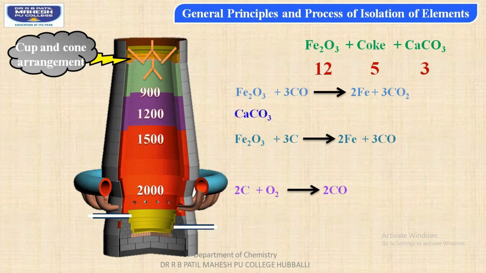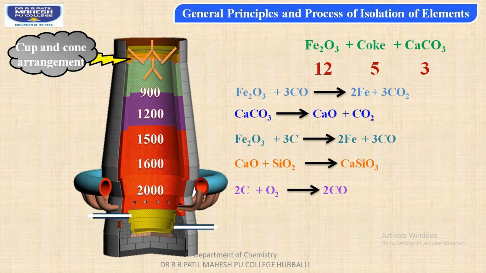The calcium carbonate decomposes to form calcium oxide along with carbon dioxide vapors, and this calcium oxide which has been produced further reacts with the silica, which is the impurity, to form calcium silicate at 1600 degrees Celsius.